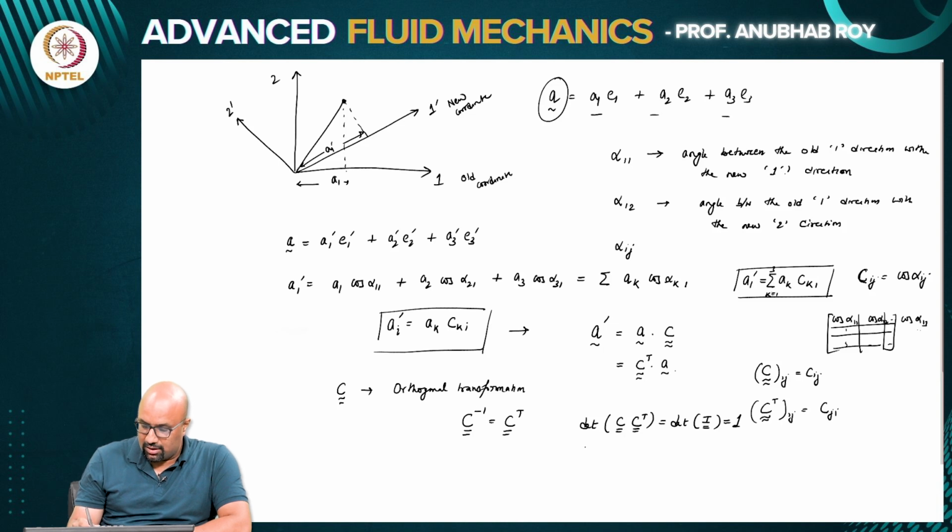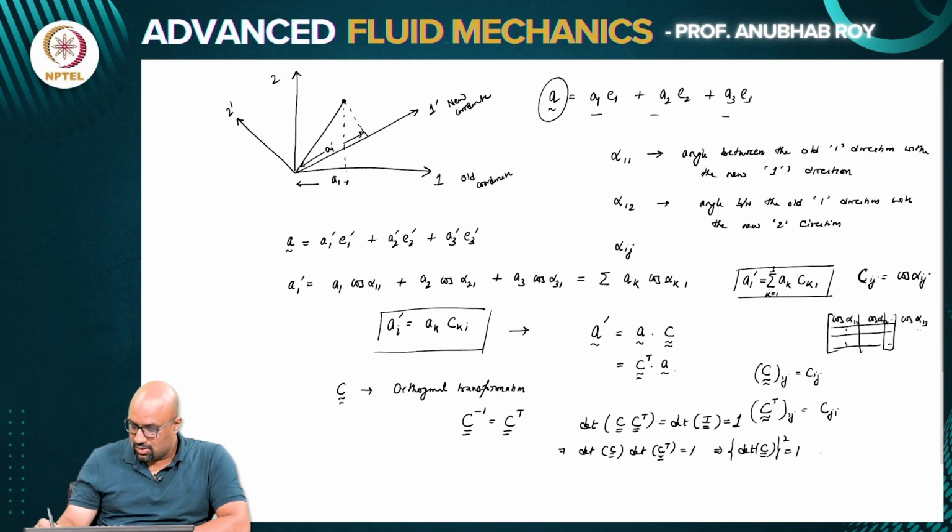Now, the determinant of these two matrices can be written as determinant of C multiplied by determinant of C transpose is equal to 1, the determinant being the same for the transpose. So, determinant of C squared is equal to 1. For an orthogonal transformation, the determinant is plus 1 or minus 1.